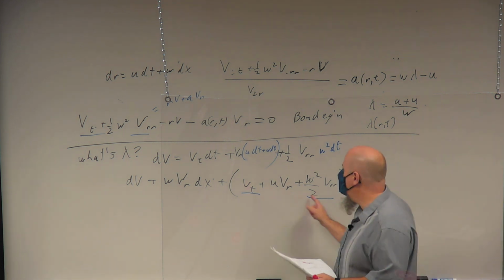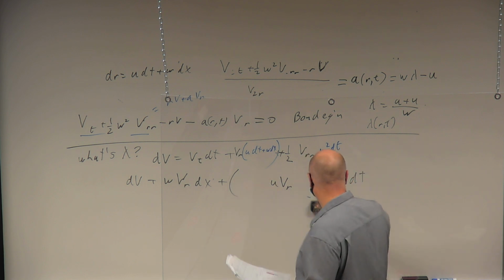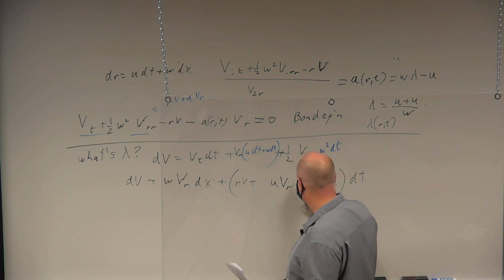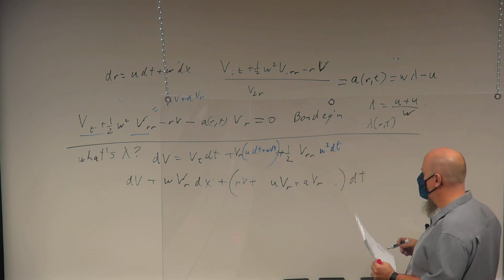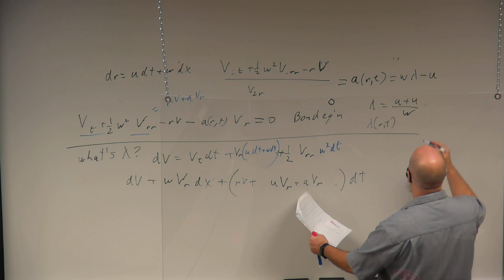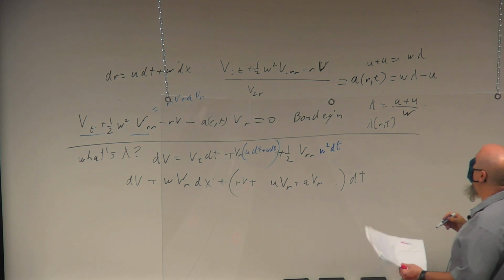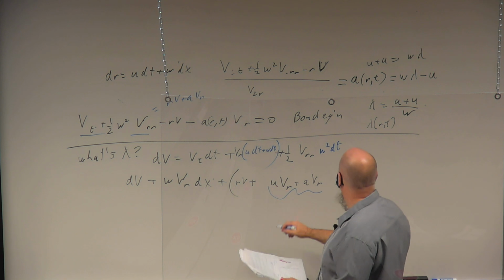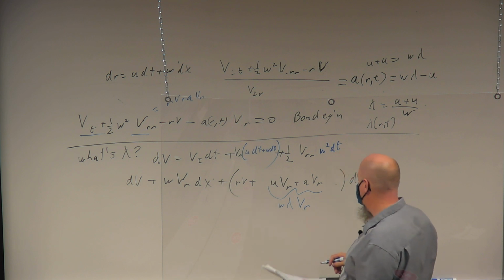So I'm swapping these out for RV plus AVR. And now I've got UVR plus AVR. Well, U plus A is equal to W lambda.